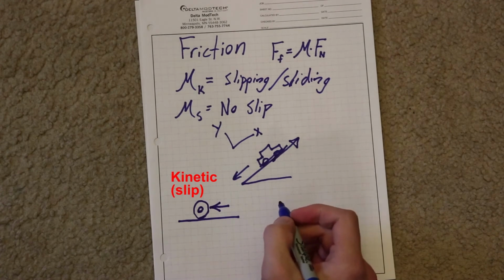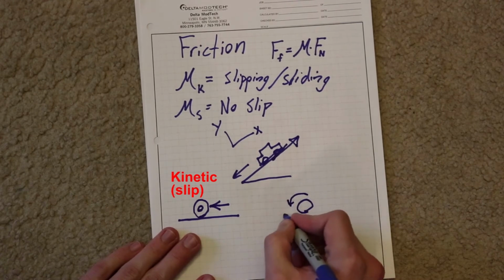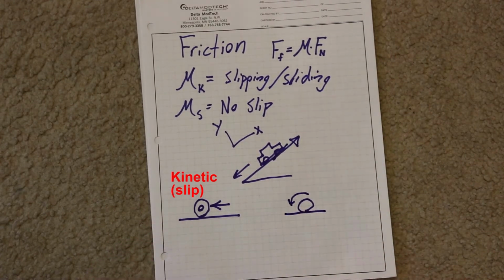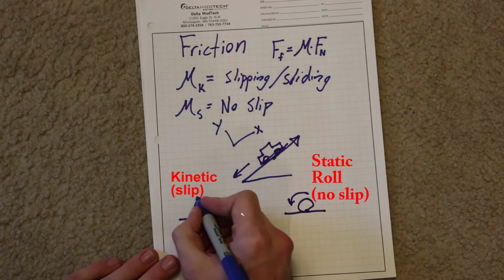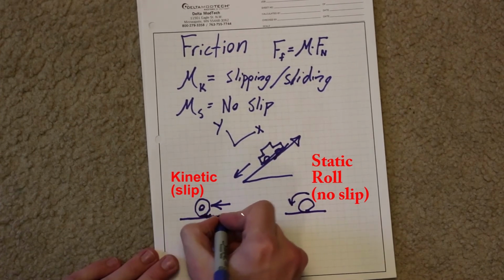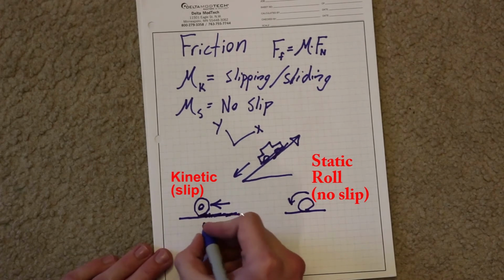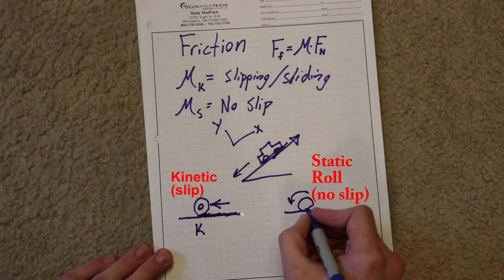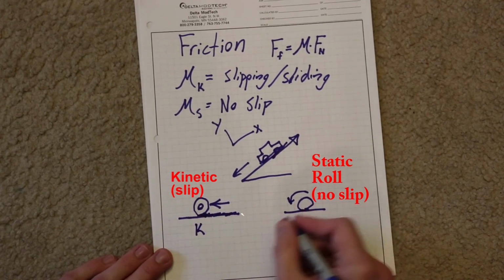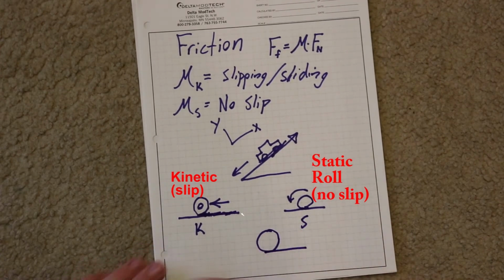But if it is rolling like normal, with no skidding or slipping, that means we use static friction. If it's sliding along, leaving a skid mark, that is the kinetic friction factor that we use. But if it's rolling, we use the static, because the wheel is turning around and it's never skidding.